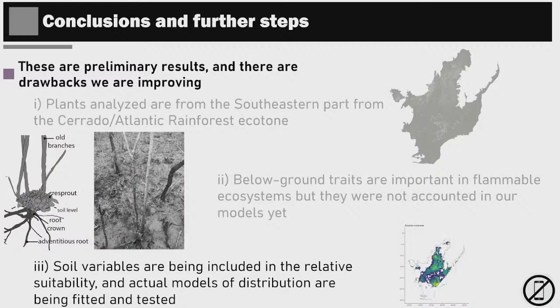And the determinist vision is not only based on the climate, as I said in the beginning, it can also be related to the topography, to the soil properties, the edaphic conditions, water table, and so on. So now we are also considering these variables in these models of possible suitability, and we are actually calculating the distribution and not just the possible suitability of species, which is a little more complicated than that.